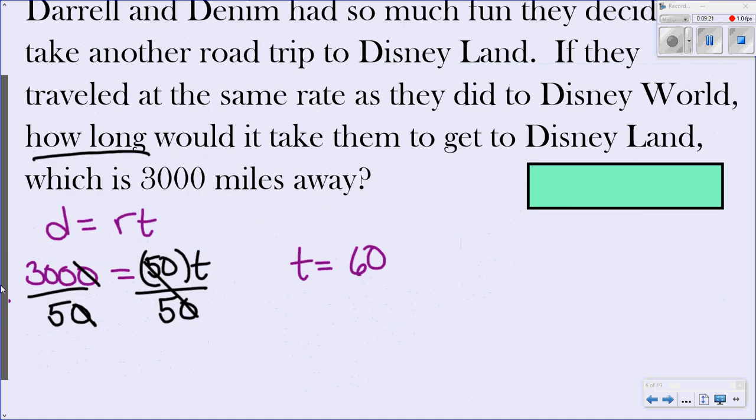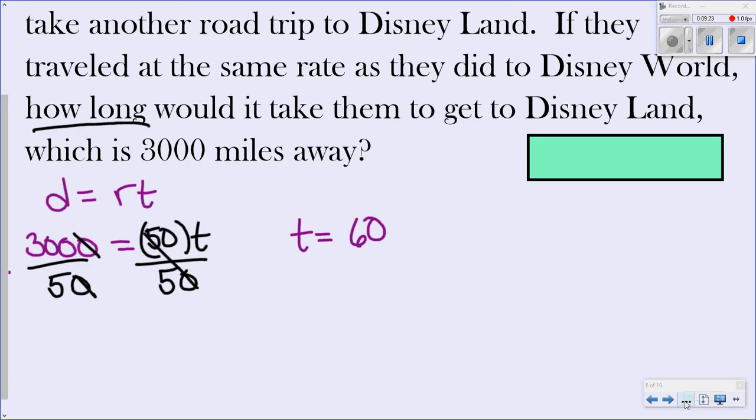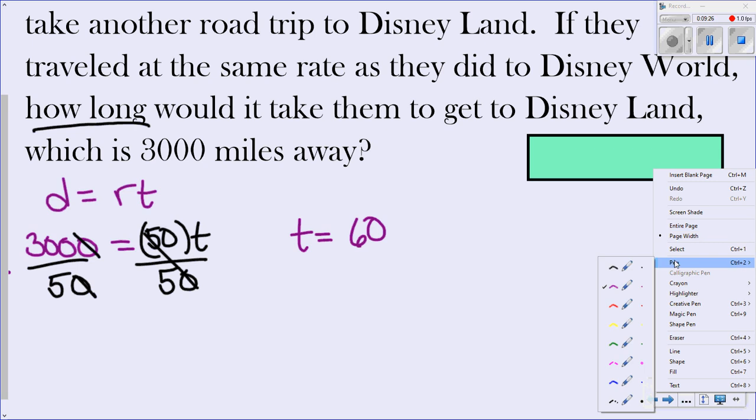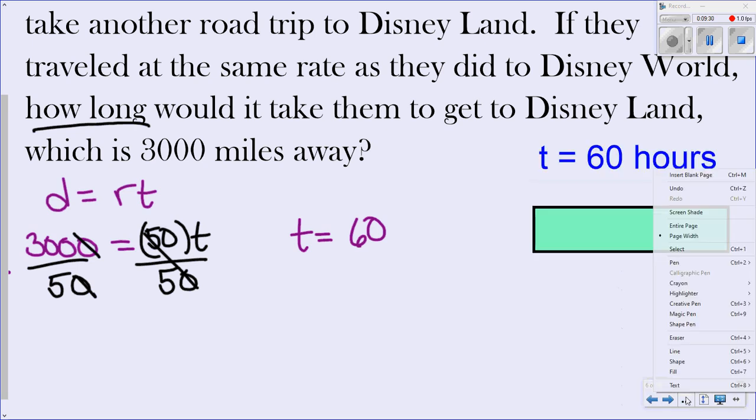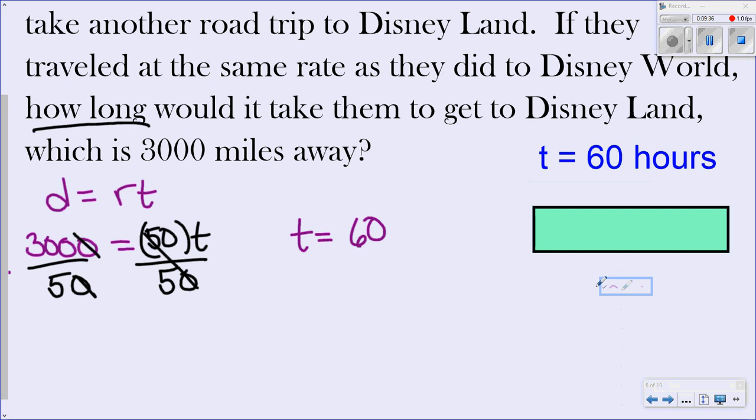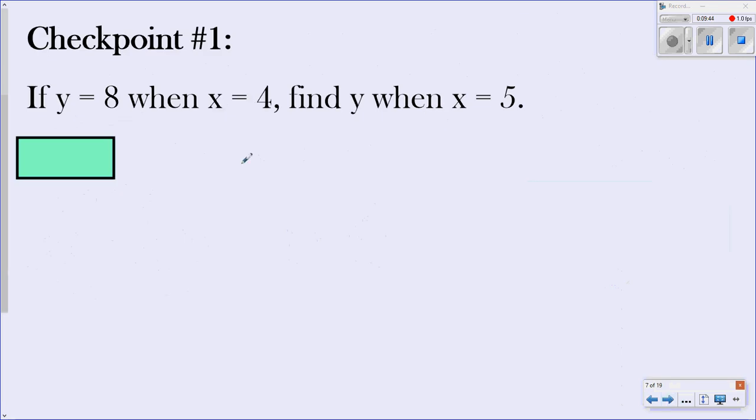They didn't use any units, so let's see what I got here. 60 hours. Yeah, so 60 hours. We found your t to be 60. Right. Let's go on to the next one.